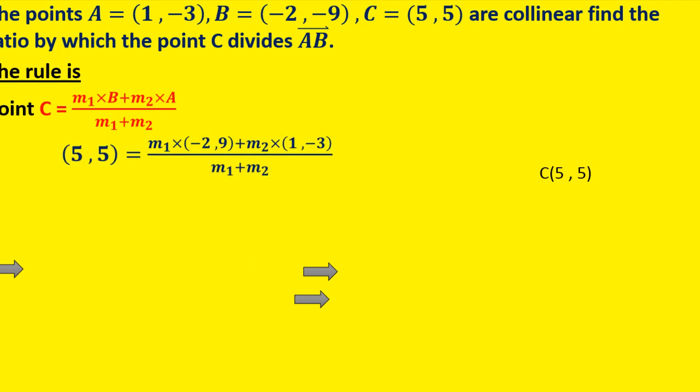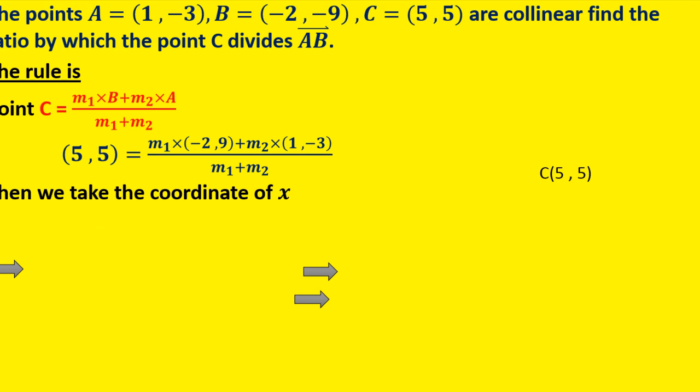C, I have it, 5 and 5. M1, I don't know. B is negative 2 and negative 9, plus m2 times 1 negative 3, over m1 plus m2. I don't know it.